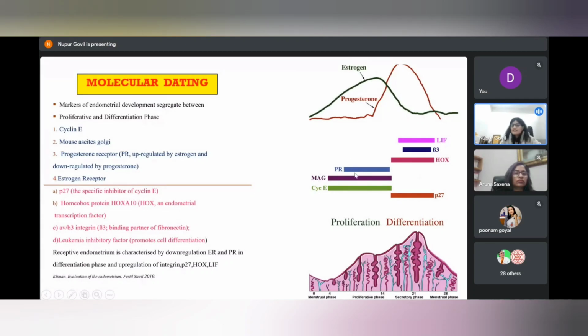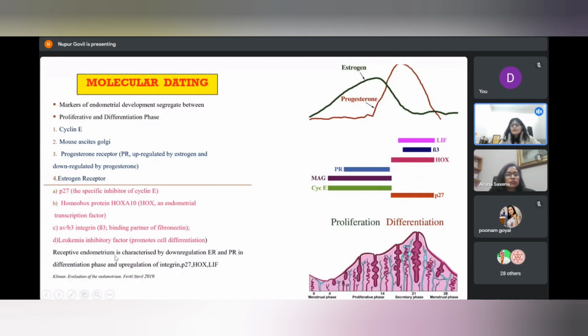The shift should happen from these markers to the differentiation phase markers like leukemia inhibitory factor, alpha V beta 3 integrin, HOXA, glycodelin P20. If this shift doesn't happen, then we say that the endometrial receptivity is deranged, and both the histological and the molecular dating combine together to form the endometrial function, and they are responsible for the proper maturity of the endometrium.